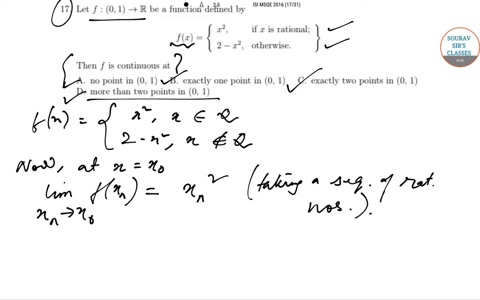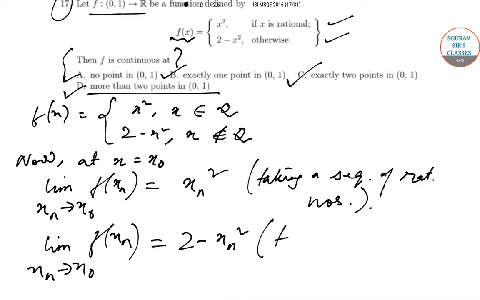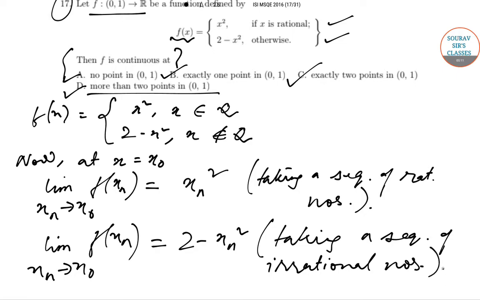If we take a sequence of irrational numbers, in that case the limit of f of xn as xn tends to x naught will be given by 2 minus xn whole square, and here we have assumed that we are taking a sequence of irrational numbers.